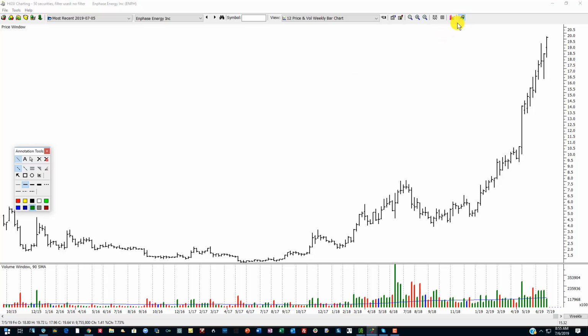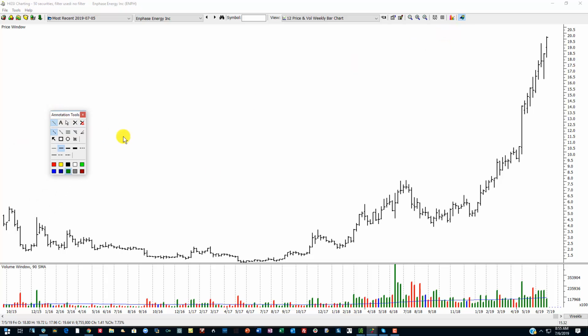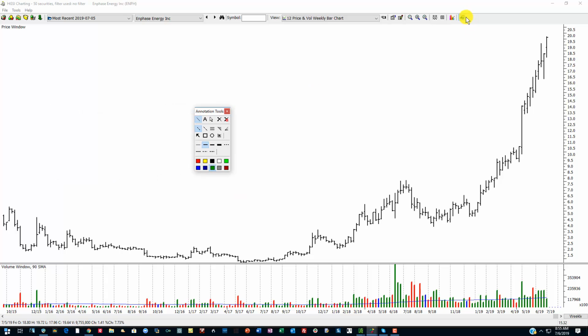Well, the purpose of that is you want to mark up the chart. You want to draw trend lines. And I'm going to use the annotations toolbar in HGSI, and I'm going to use this extended line, clicking on these two windows.